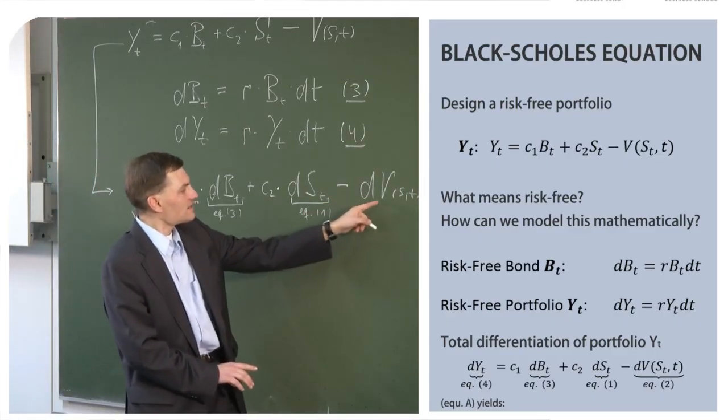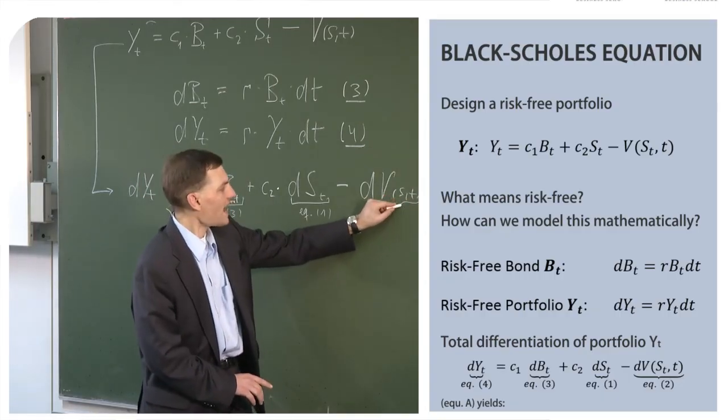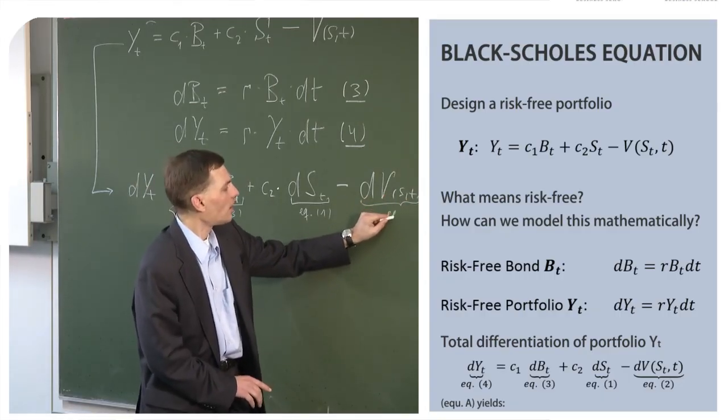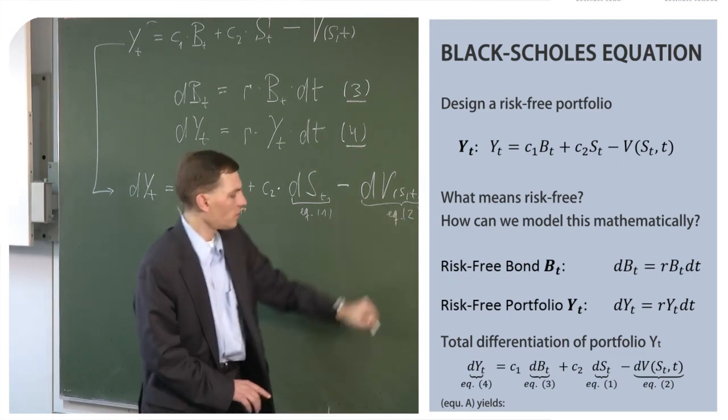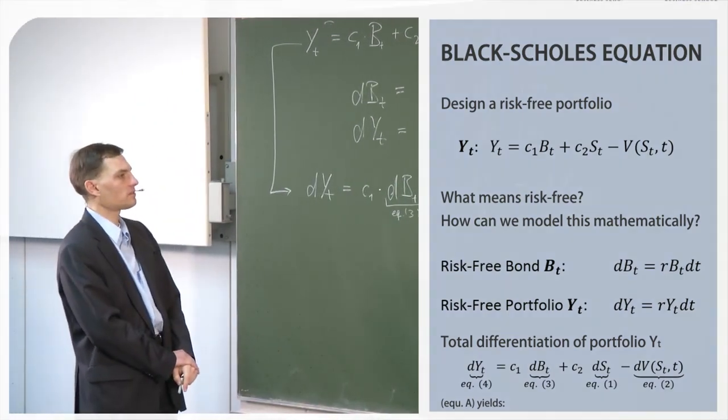And minus the change of the option price function, well, this is actually the right-hand side of equation 2 we obtained here a step before on the bottom, my last equation.